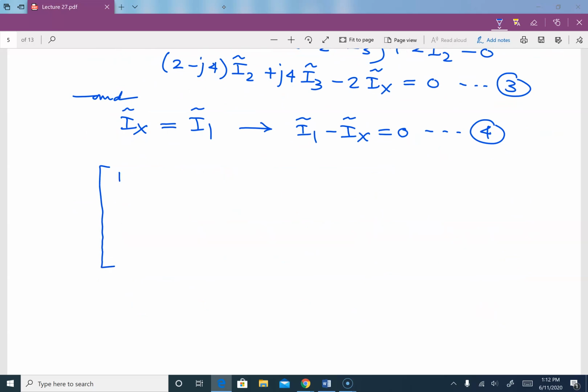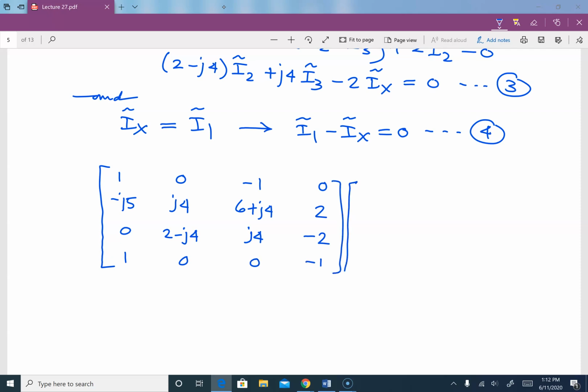So we will have 1, 0, minus 1, and 0, minus J5, J4, 6 plus J4, 2, 0, 2 minus J4, J4 minus 2, 1, 0, 0 minus 1.